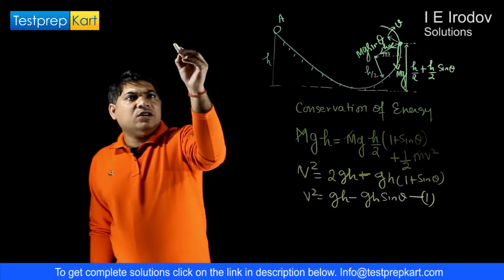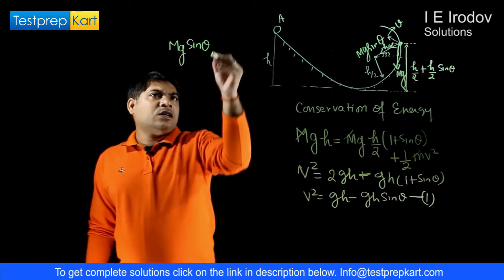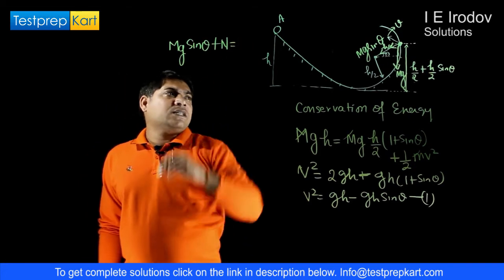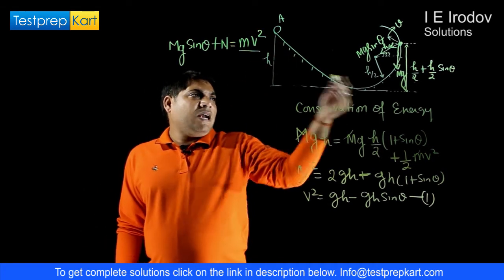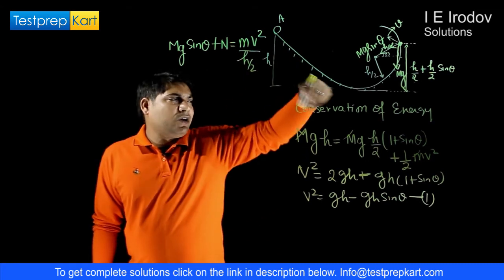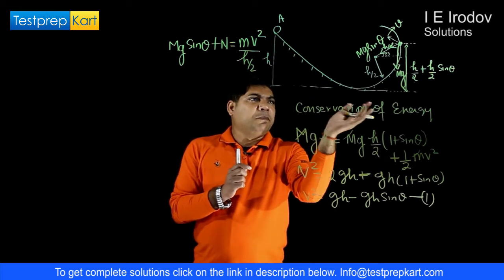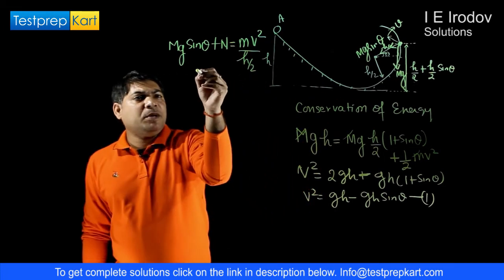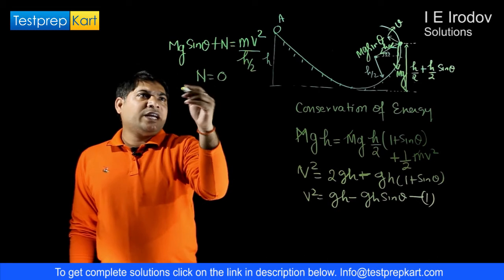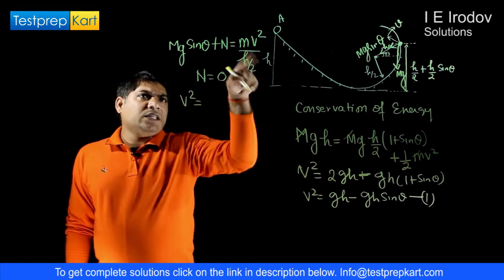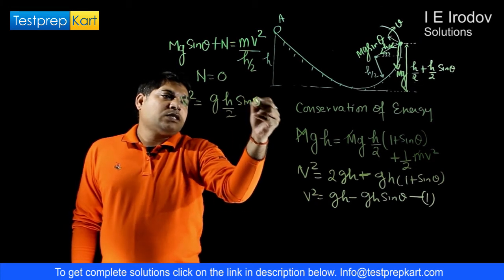So we can apply the concept of circular motion: mg sine theta plus normal reaction is equal to mv square upon r, and r is h by 2 here for this groove. Now if this object A breaks off the contact, it means there will be no normal reaction, N is equal to 0. So from here we can write v square is equal to gh over 2 sine theta.